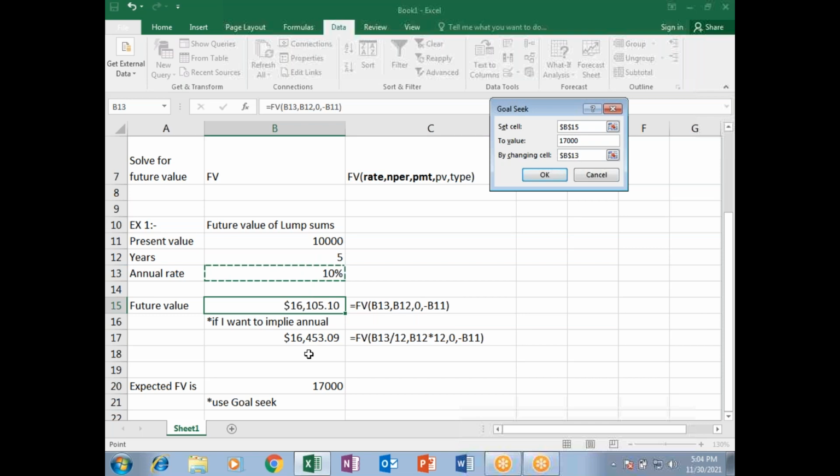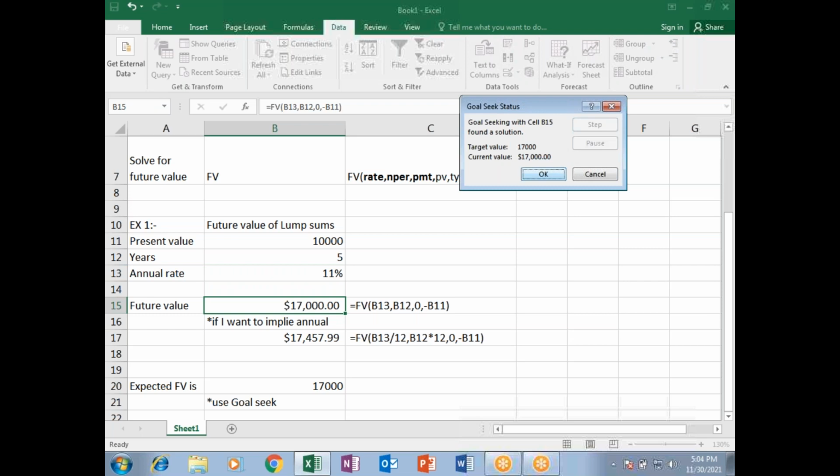After selecting the annual rate in the by changing cell, click OK. It will calculate. See here, it has given 17,000 exactly. The annual rate, which was 10%, automatically changes to 11%. So this is another format of finding your expected future value based on the data.